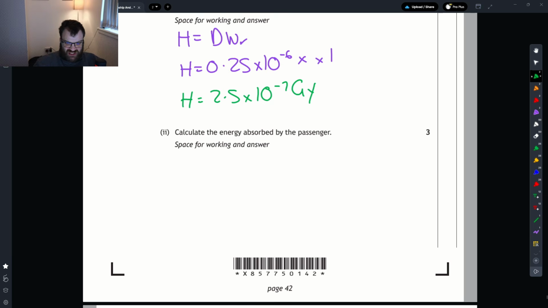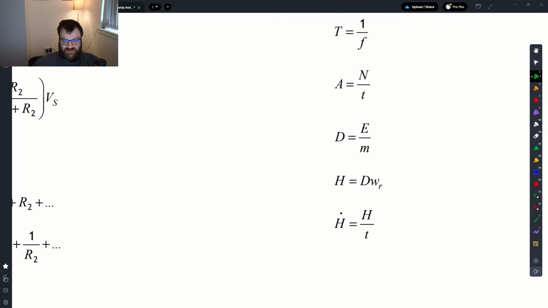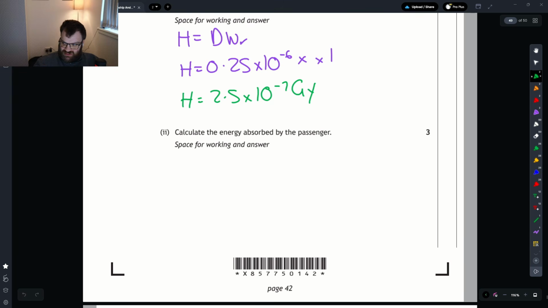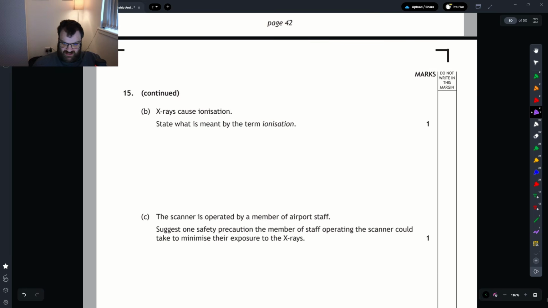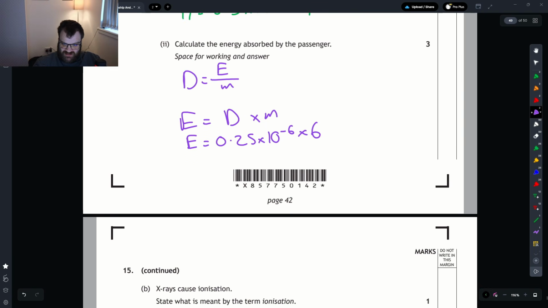Calculate the energy. Absorbed dose. So we can use the absorbed dose, energy, and mass calculation. So absorbed dose equals the energy over the mass. So the energy will equal the dose times the mass. The energy will equal 0.25 times 10 to the minus 6 times by how big's the passenger? 64 kilograms, which gives 1.6 times 10 to the minus 5.